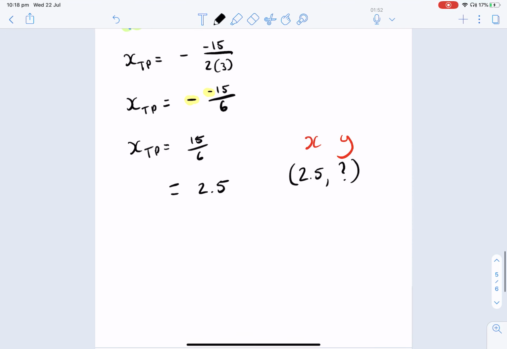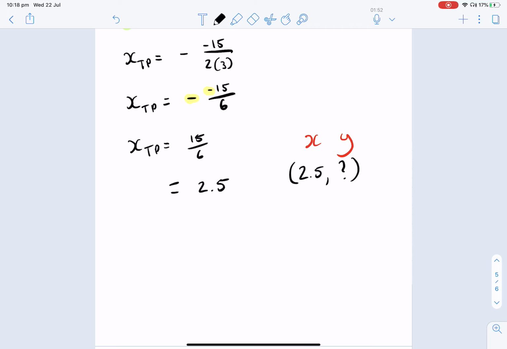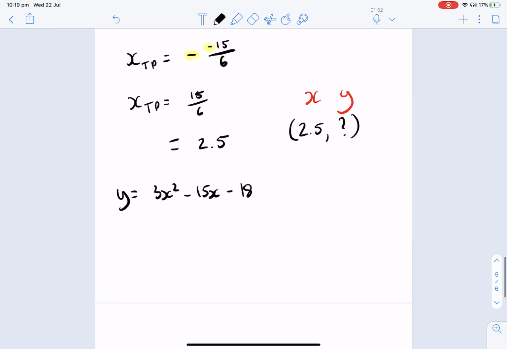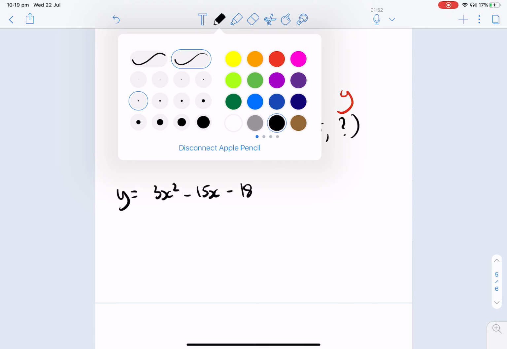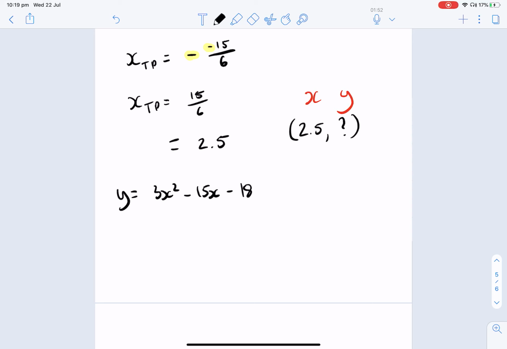So to find that, sub it into our original equation, which was y equals 3x squared minus 15x minus 18. And now we're going to say let our x value be 2.5, this value here.